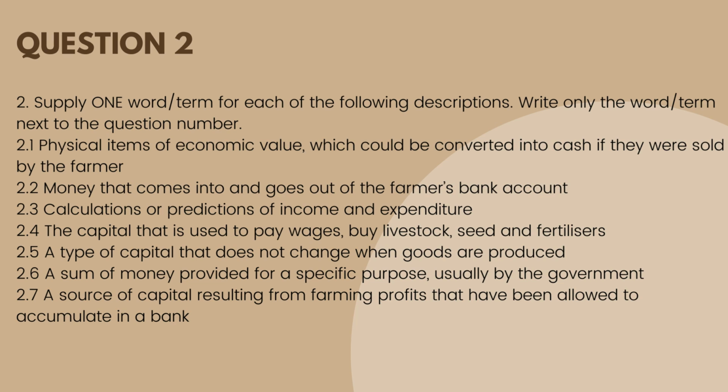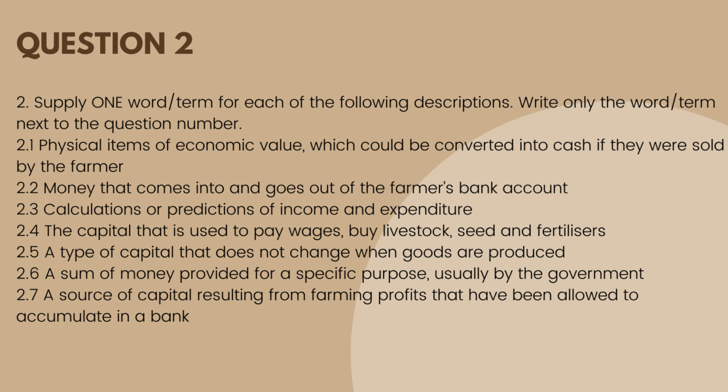A sum of money provided for a specific purpose, usually by the government. So this is the type of money that you're not going to pay back. Now I'm giving you the hint. Because obviously, if it's given by the government, you're not going to pay it back. So this is the grant, right?